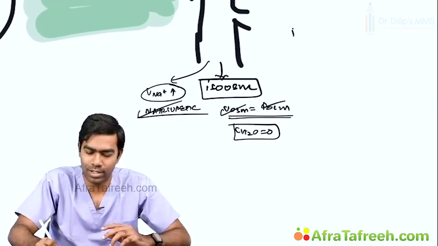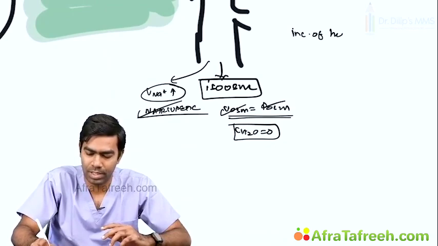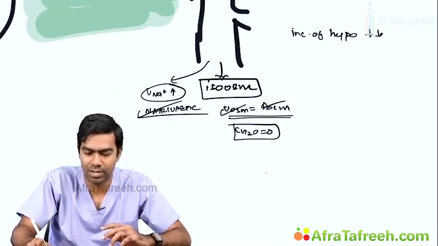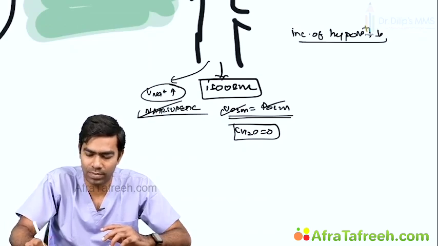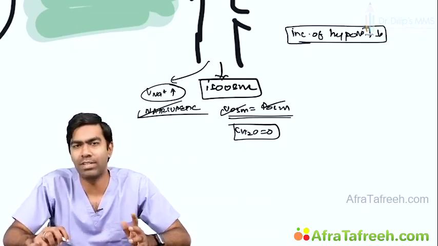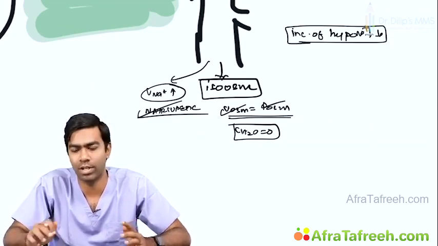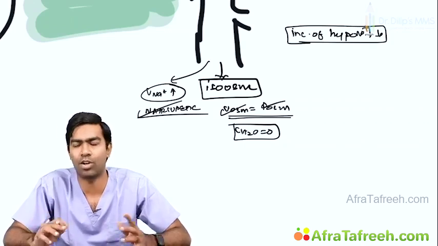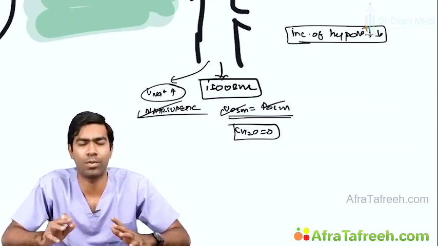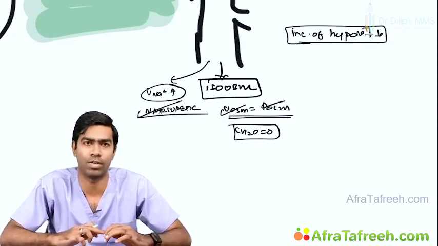So the incidence of hyponatremia with loop diuretics is very, very low. Many students believe that loop diuretics produce significant hyponatremia. Actually, that's not the fact. Loop diuretics produce very little or no hyponatremia. The incidence of severe hyponatremia is extremely rare with loop diuretics.